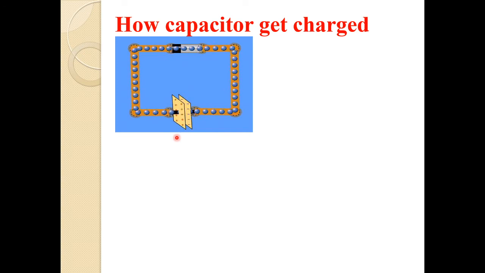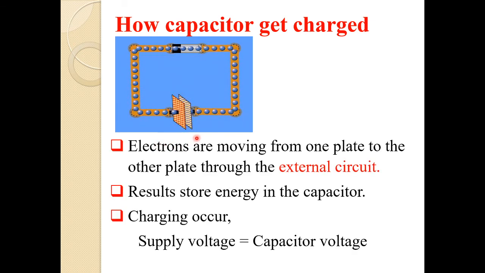Now, how does a capacitor get charged? Let's see it again, as I have just given an idea before. Electrons are moving from one plate to the other plate through the external circuit.